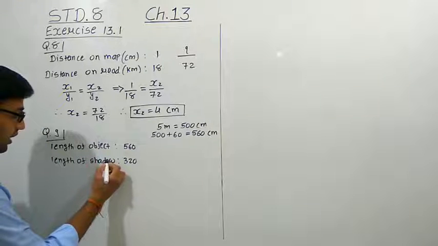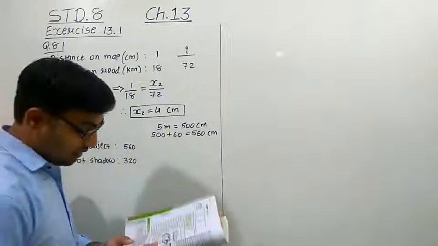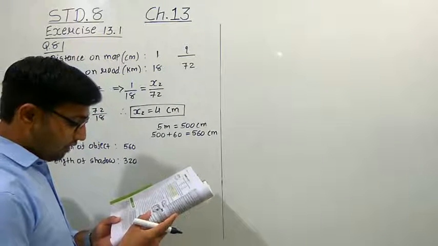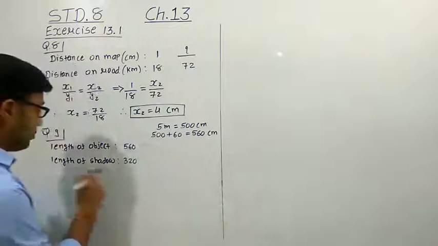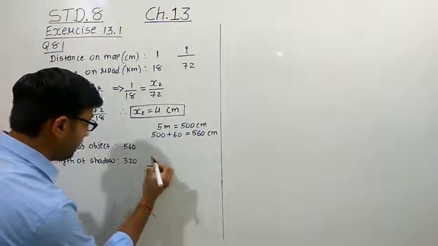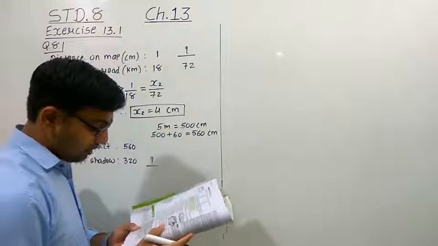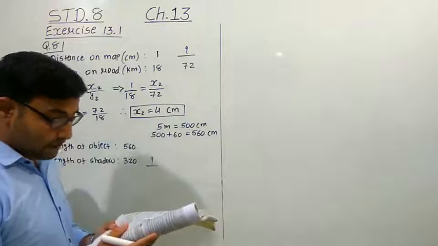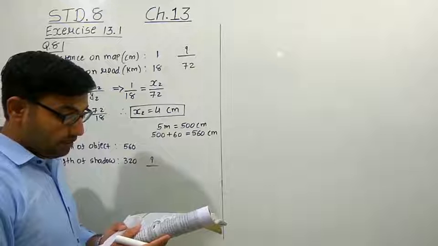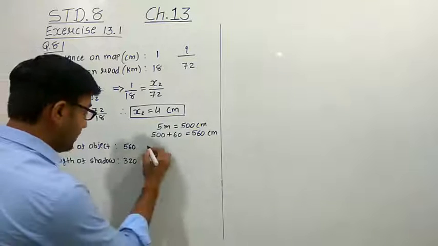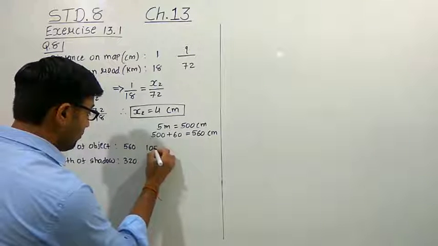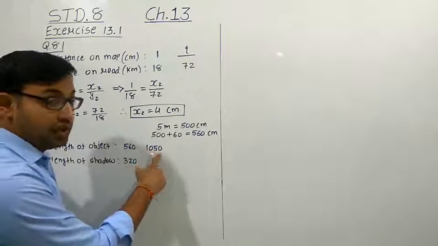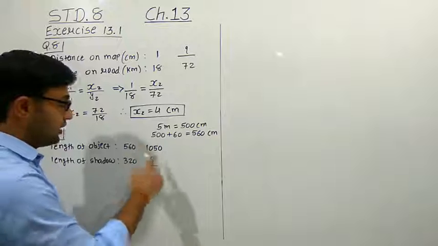Both these quantities are now in centimeter. Find at the same time, in the first case, the length of the shadow that we have to find out, cast by another pole 10 meter and 50 centimeter high. Now the second object is another pole that is 10 meter and 50 centimeter high. So we can write it as 1050. We also convert this 10 meter 50 centimeter into centimeter.